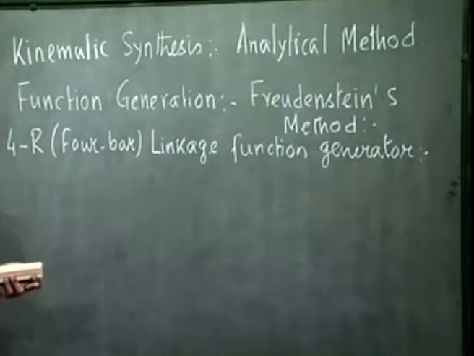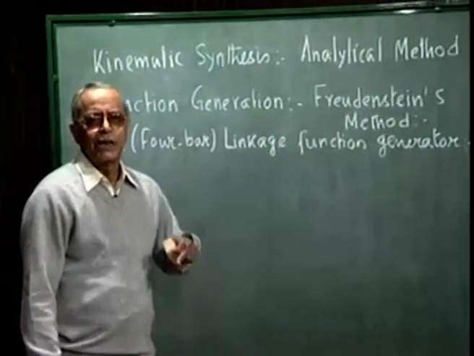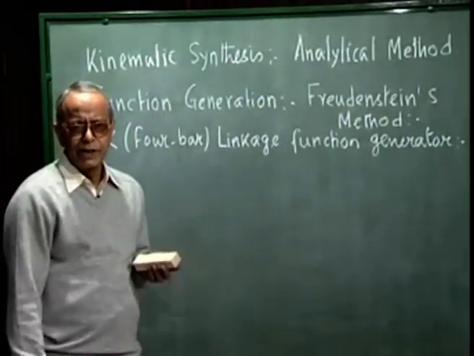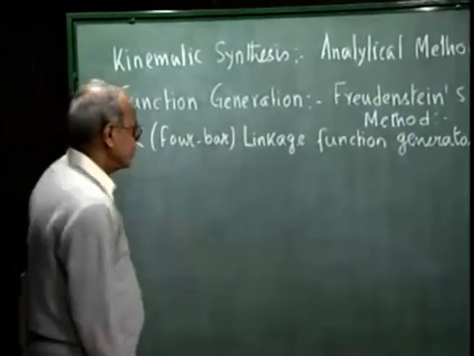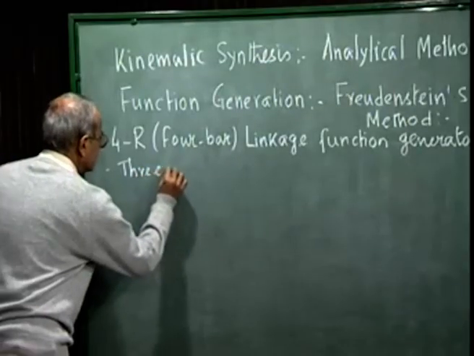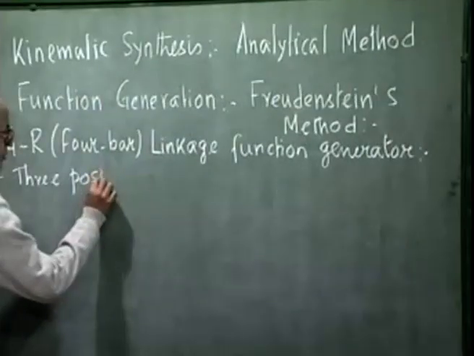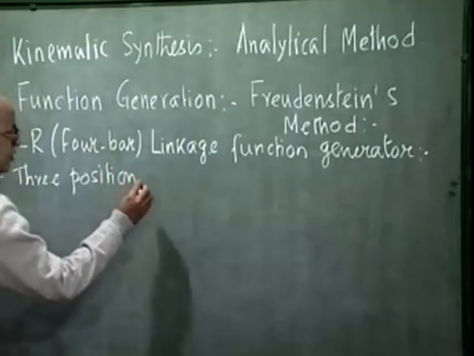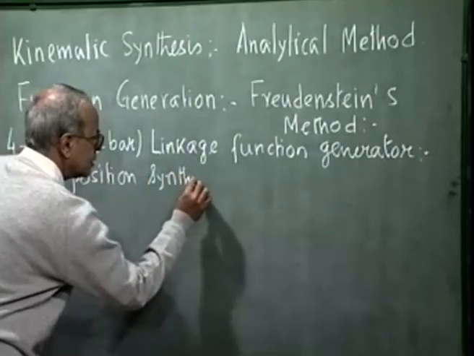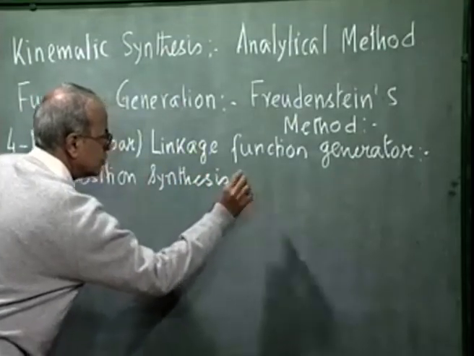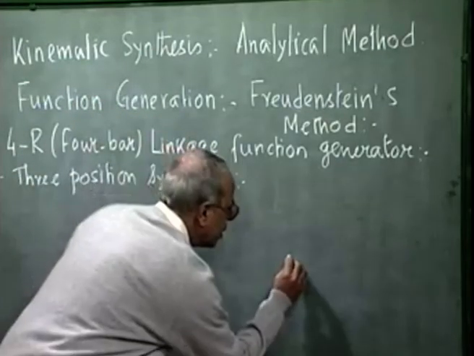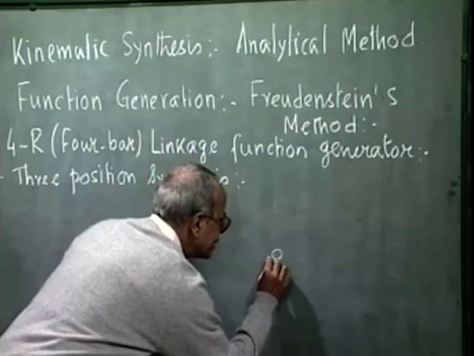As we shall see later, for 3-position synthesis, we can get away by considering only linear algebraic equations, which are very easy to solve. Towards this end, let me first draw a 4R linkage.